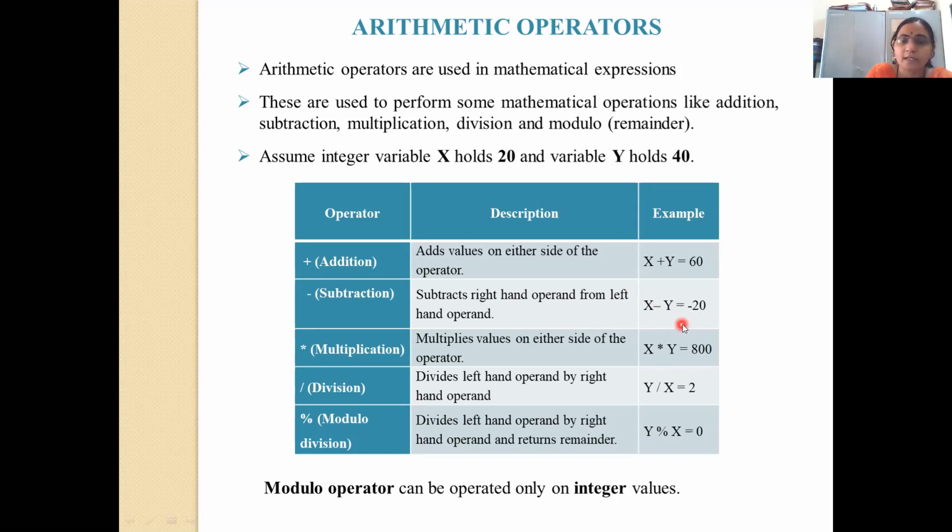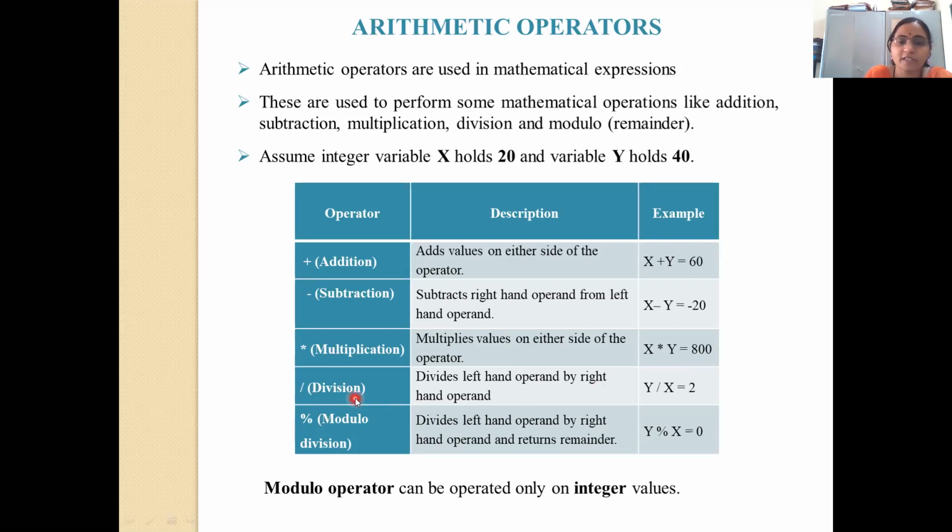So that's why you will get the result minus 20. Multiplication: the symbol of multiplication is star, and it is also called the asterisk. What is the role? Multiplies the values on either side of the operator, means x into y or y into x, and it produces the result 800. 20 into 40 is equal to 800.